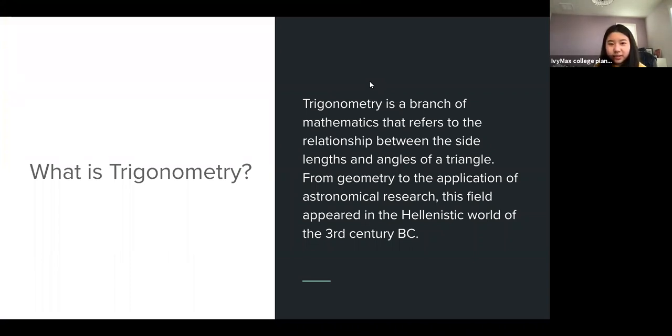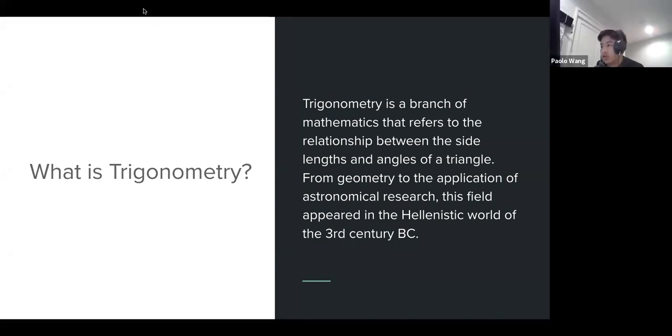So what is trigonometry? Paul, you wanna go? Alright, trigonometry is a branch of mathematics that refers to the relationship between the side lengths and angles of a triangle. So basically it's just about triangles and the relationships between the sides and the angles.